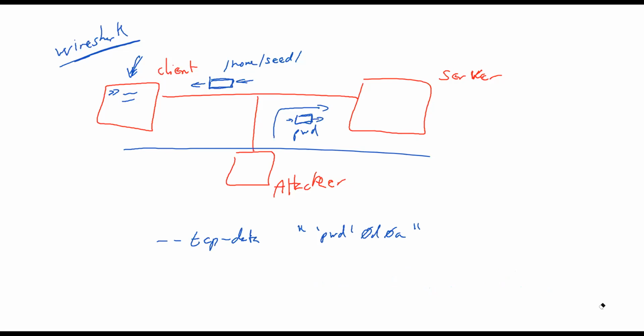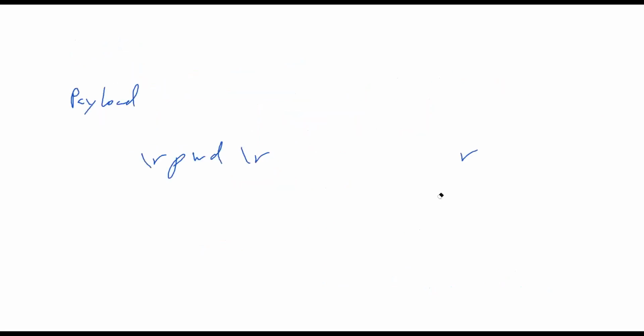Or if you use the Scapy approach, here is the payload. You only have to do it with one. I'm really just trying to give you options to try things out and play around with things. All right, so that's basically all of it, I think.